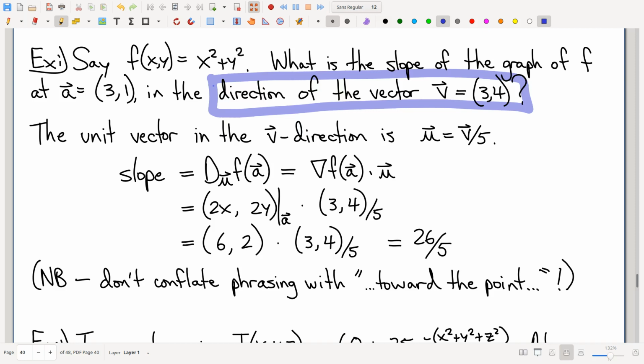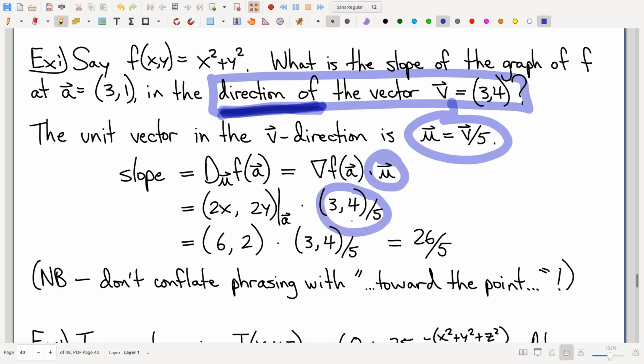We kind of want to get rid of the magnitude, so we divide by the magnitude. Said differently, we describe directions with unit vectors. So all we have to do is just find a unit vector that points in the same direction that this given v points. And again, easy calculation. And that direction is this unit vector right here.